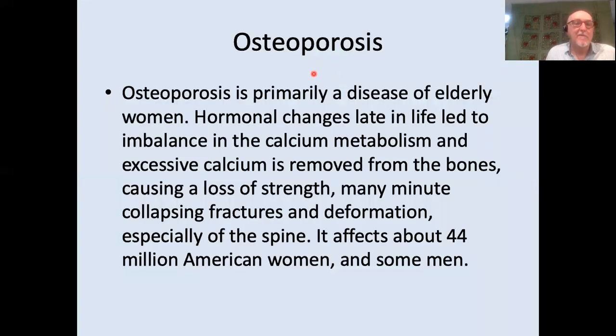Okay, so here's another very, very common disorder, and this is called osteoporosis. Osteoporosis arises because of an imbalance in calcium metabolism. You'll remember, I told you bone is a very good store of calcium. And sometimes the body will actually extract calcium from bone, but there's always a balance.